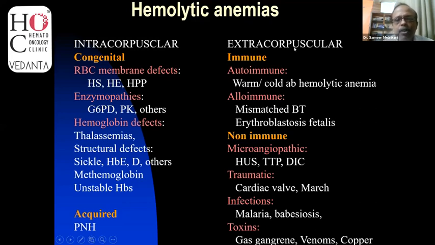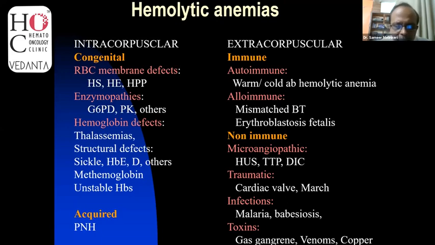Then come the extracorpuscular causes. Something from outside the red blood cell is coming and destroying it. Here you can have either immune or non-immune causes. In immune, you have autoimmune hemolytic anemia and alloimmune hemolytic anemia, such as in mismatched blood transfusion or in erythroblastosis fetalis. In the non-immune causes, you have microangiopathic hemolytic anemias, which are HUS, TTP, and DIC.